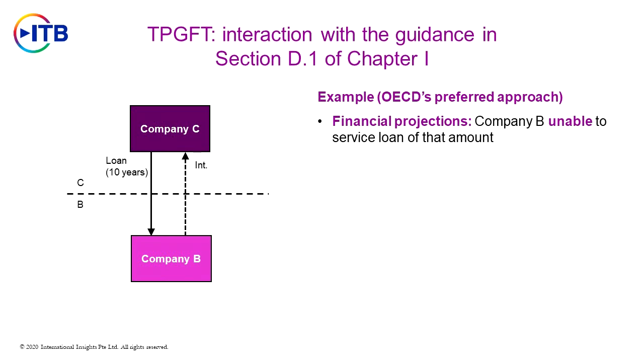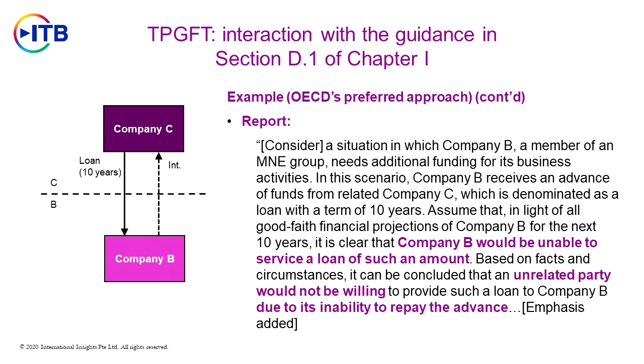The report gives this example of the OECD's preferred approach. Company C makes a loan to related Company B for 10 years. Financial projections show that Company B would be unable to service a loan of that amount. The report says this: consider a situation in which Company B, a member of an MNE group, needs additional funding for its business activities.